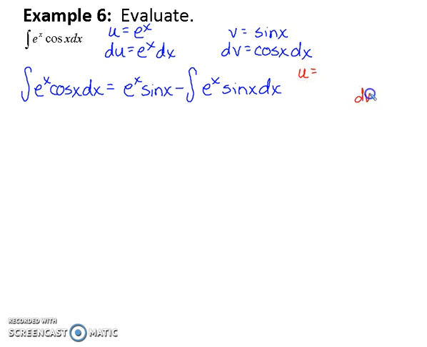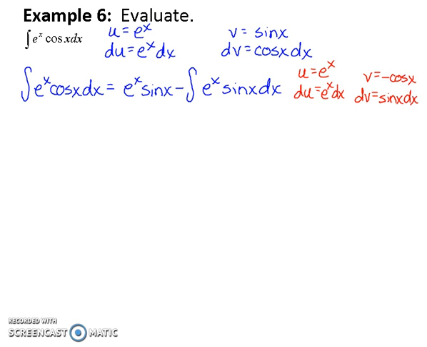Okay, so let's try integration by parts with it. And let's use the same combination. This time it'll be sine of x dx for the dv though. So du is going to be e to the x dx, and v is going to be negative cosine of x.